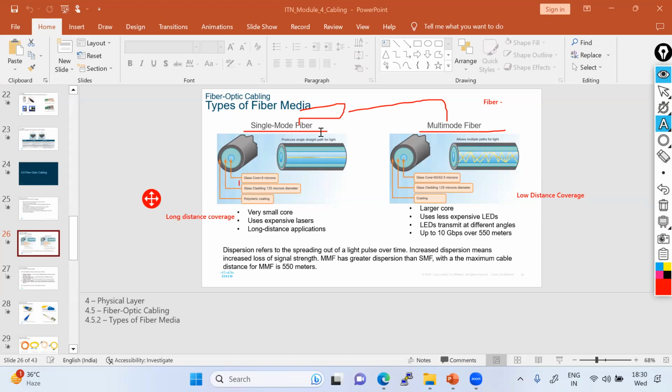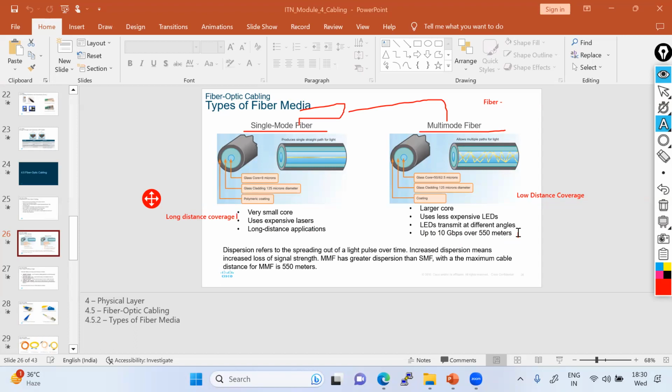So multi-mode and single mode both have different characteristics, but the core difference is distance, right? Multi-mode can be used up to 550 meters, half a kilometer, 1 kilometer, but this is something within the office, within the buildings.